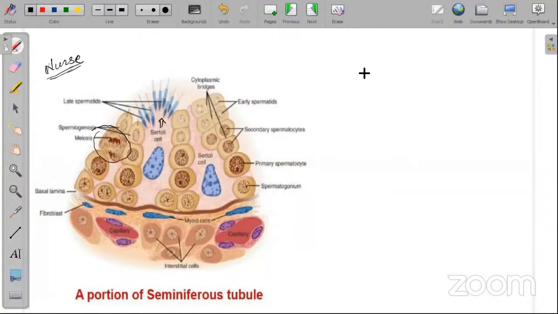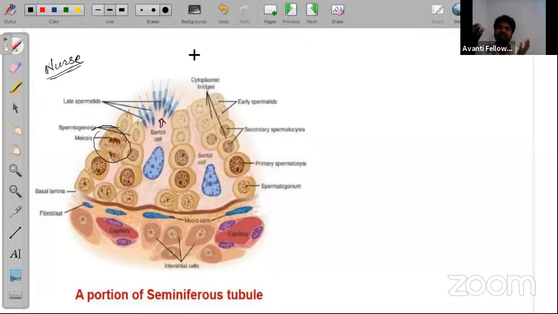Actually, the other name of the Sertoli cell is nurse. I think you already know the work of a nurse. That's why it is called nurse. Actually, this is a general name, not a scientific one. Okay, Monisha. Why is it called the nurse cell? Because it provides nutrition. It is like a small baby going to the nursery.